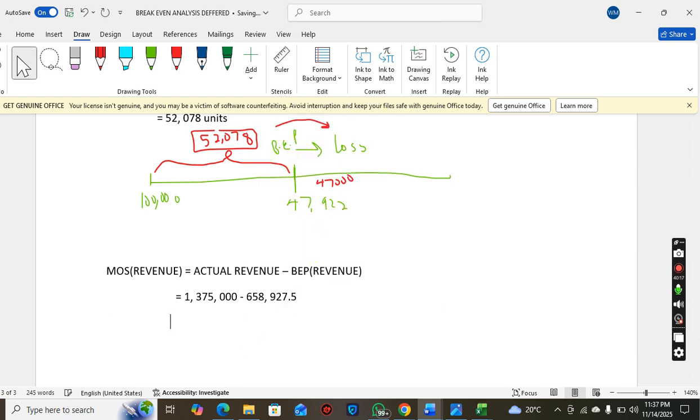So 1,375,000 minus 658,000 gives $716,072.5 kwacha.